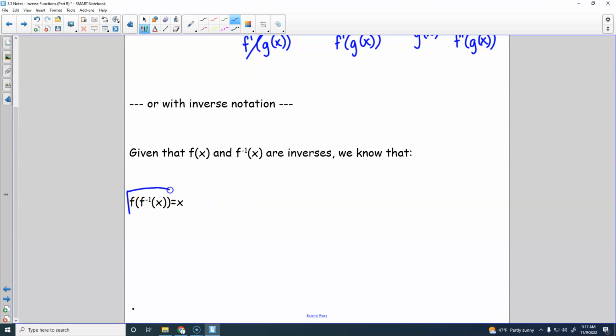So my outside function here is my F, my inside is my F inverse.